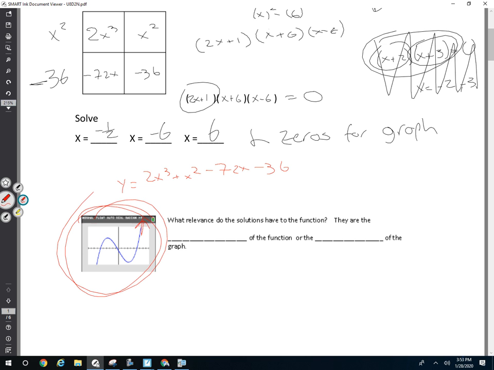The end behavior we already talked about, we got it. But notice, we have zeros. So we know more information. They are the zeros of the function or the x-intercepts of the graph.